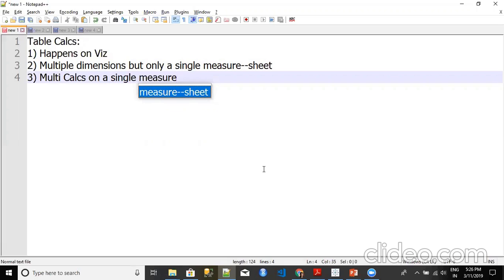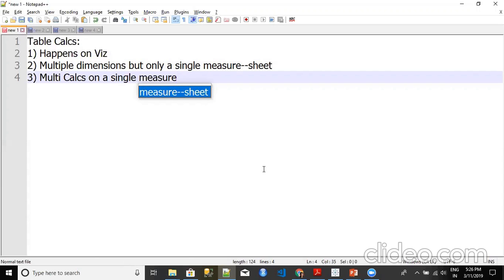Oh, so in each sheet I just have one calculation? You have only one measure on a sheet. So you can't go for a sales and a profit table calculation together. Okay, but what about a single calculation where I use two measures? Yes, that's a normal calculation.